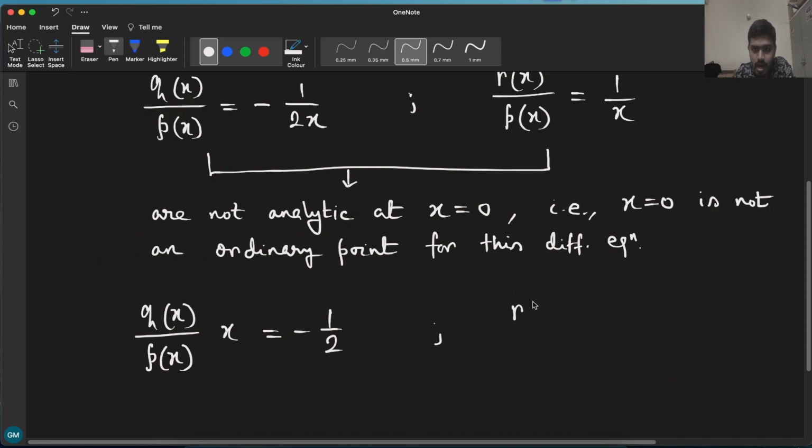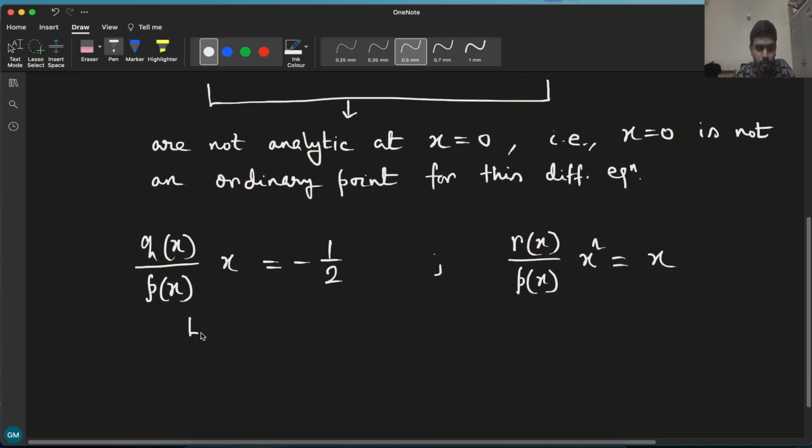Similarly, rx divided by px times x minus x naught whole square, and x naught is 0 again, so it is x square times 1 by x, which equals just x, and x is an analytic function at x equals 0.